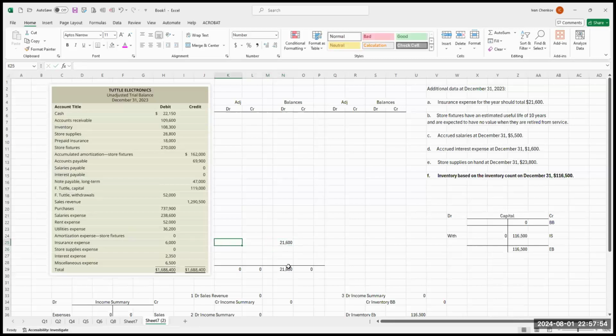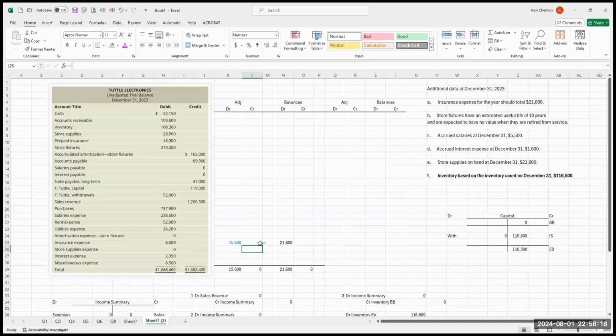But right now, my insurance expense is only 6,000. So what do I have to do? I have to add 15,600. If I add 15,600, my ending balance will be 21,600. And that will be letter A.